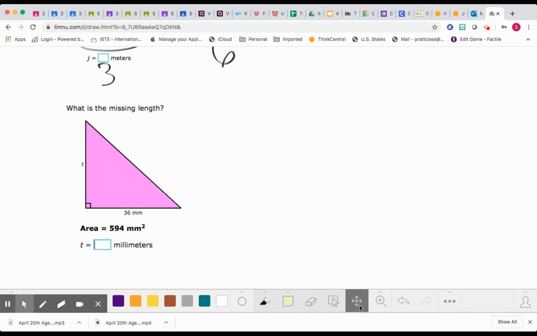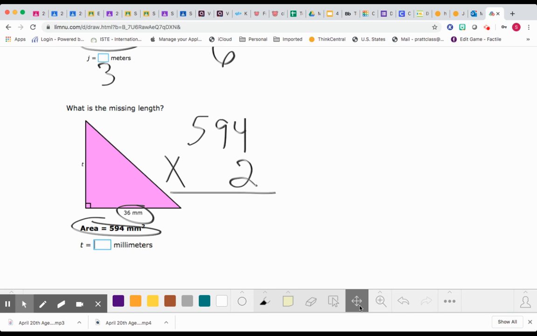All right, so here we have our base, which is 36 millimeters, and then our area, which is 594 square millimeters. So we're going to take 594 and multiply that by 2, because remember, originally to find the area, we had to divide it in half.